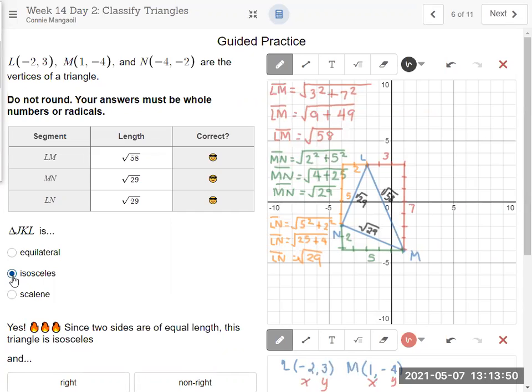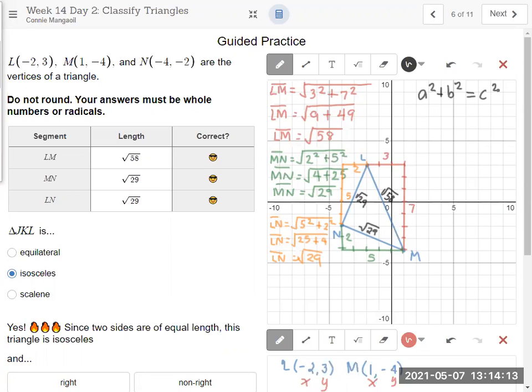Now again, to test whether this is a right triangle or not, we use the Pythagorean theorem. A squared plus b squared equals c squared. Now which one is our c?